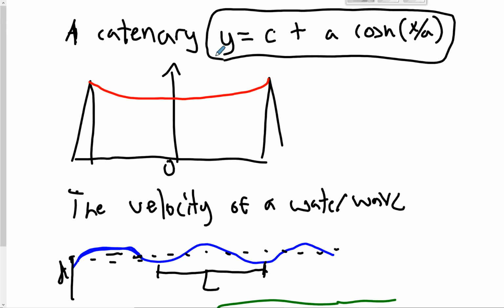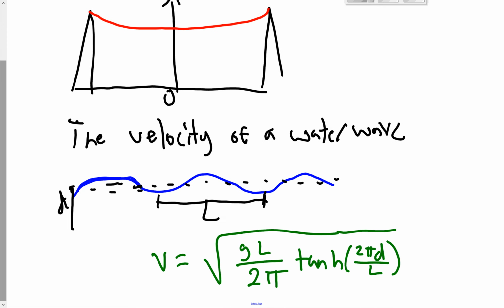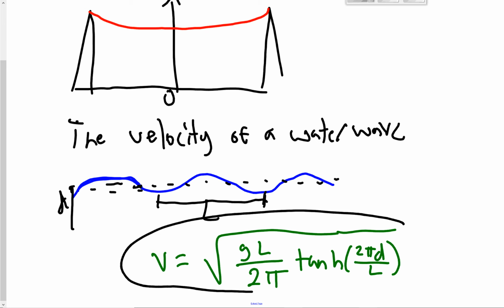That's usually the most famous one. Hyperbolic equations also occur with light, velocity, electricity, radioactivity. Another one is the velocity of a wave, which can be explained by a hyperbolic tangent function. Those are some applications that these hyperbolic functions come up in.